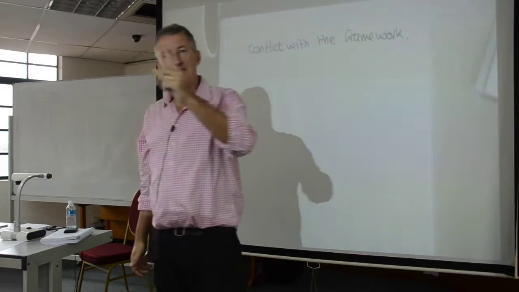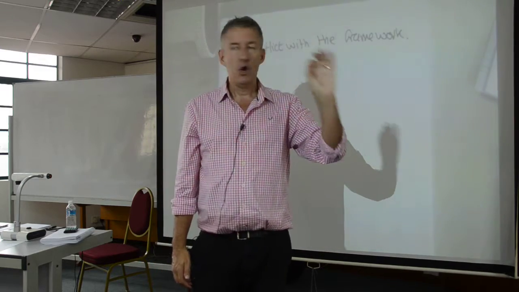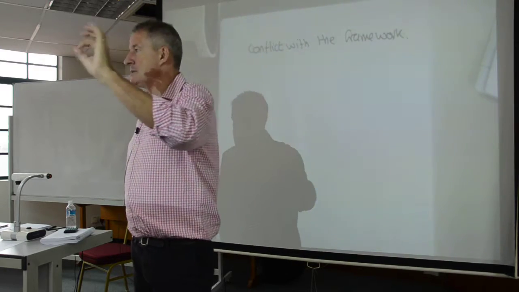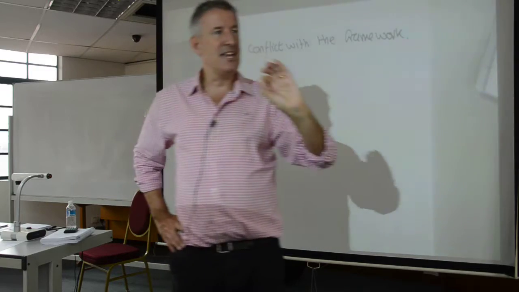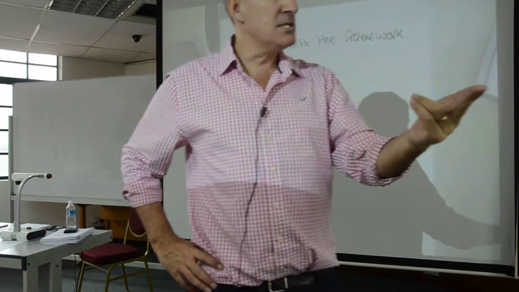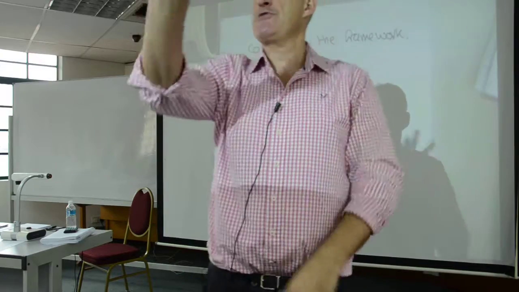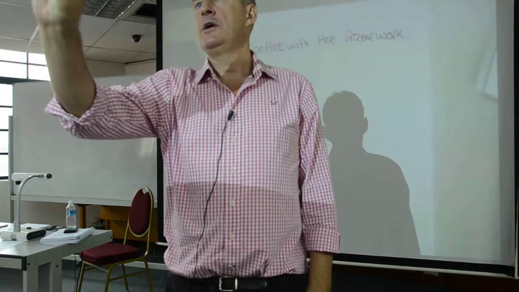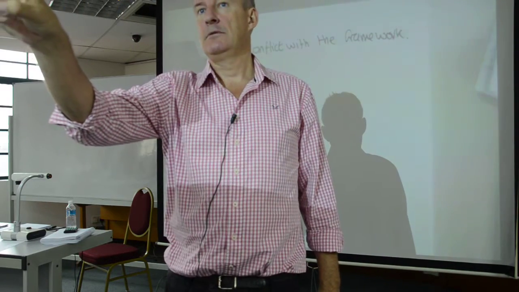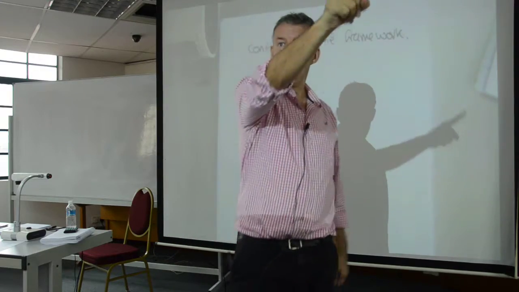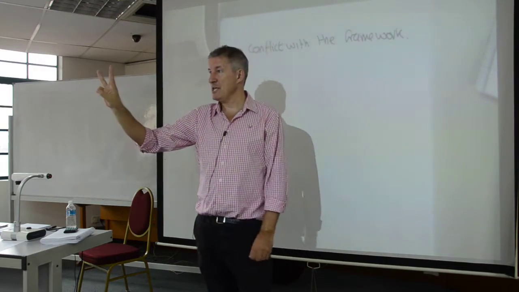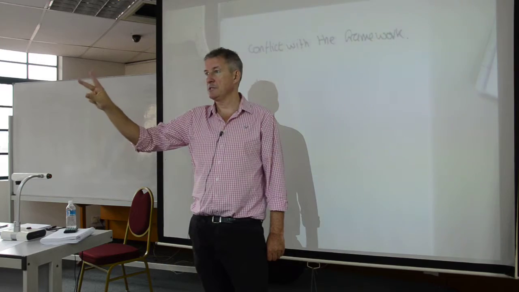Now, we've already seen leases. We've already seen IAS 17. We've already seen how a 3-year operating lease has no asset, no liability. If you account for the standard, IAS 17, a 3-year operating lease is expense, expense, expense.